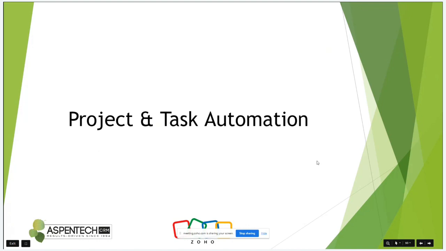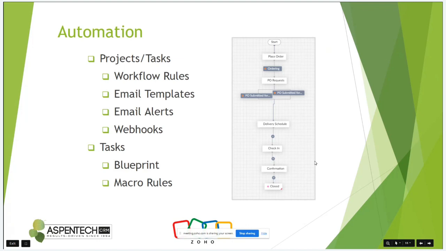Next, we're going to talk about project and task automation, which is a new feature in Zoho Projects. The project automation and task automation both include automation based on workflow rules.